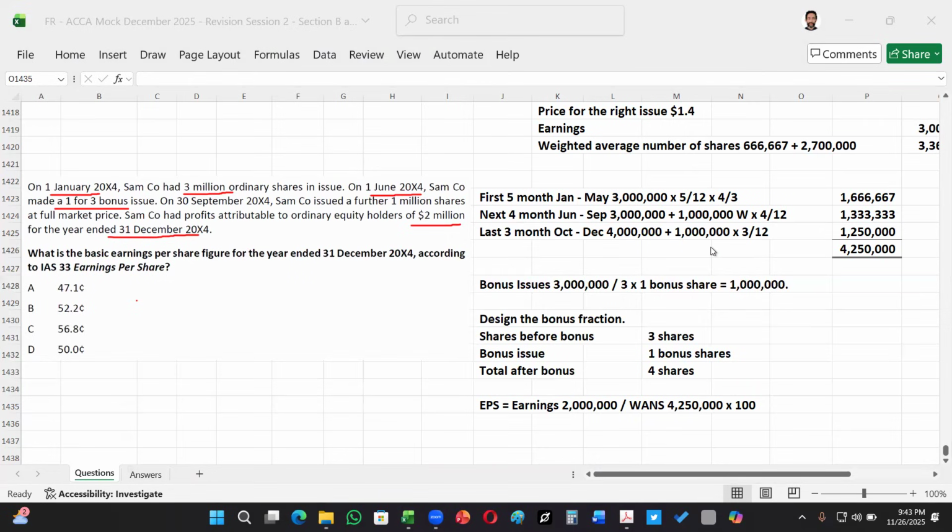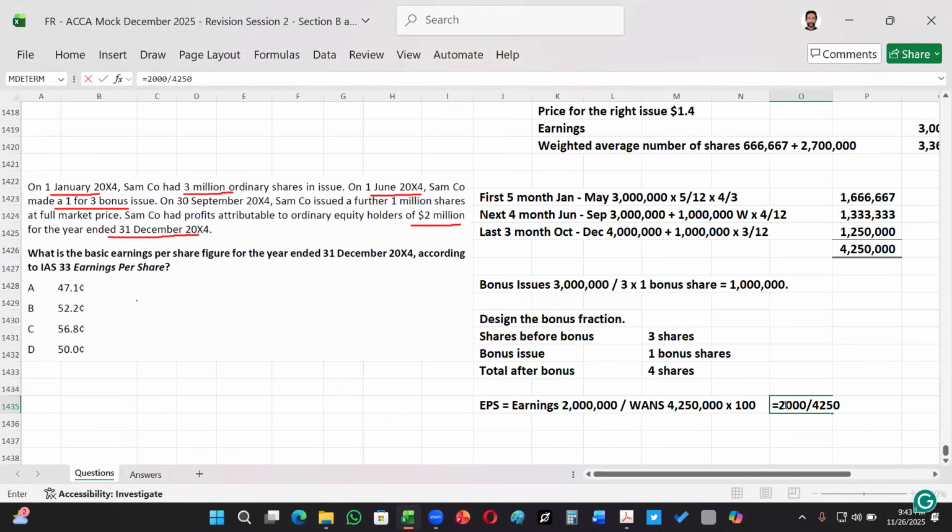So this normal issue is not going to have any impact, because we raised money on full market price, so that money can be used in the business. No problems with that. But the problem is that these shares are for free, these 1 million bonus shares. So I hope you're all set to calculate the value here. This is 2 million divided by 450, and let's see what that value is.